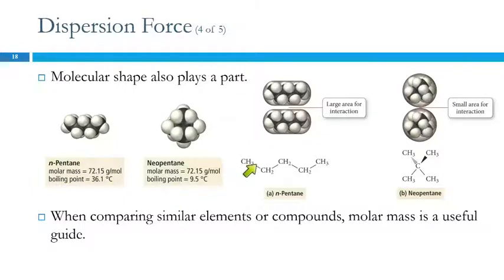So in n-pentane, we have a long chain of carbon atoms, and in neopentane, we have a central carbon atom and the other carbon atoms are clustered about. And so this causes a difference in the shape of the molecule. These molecules are more like a capsule shape. They're more elongated, and these molecules are more spherical.